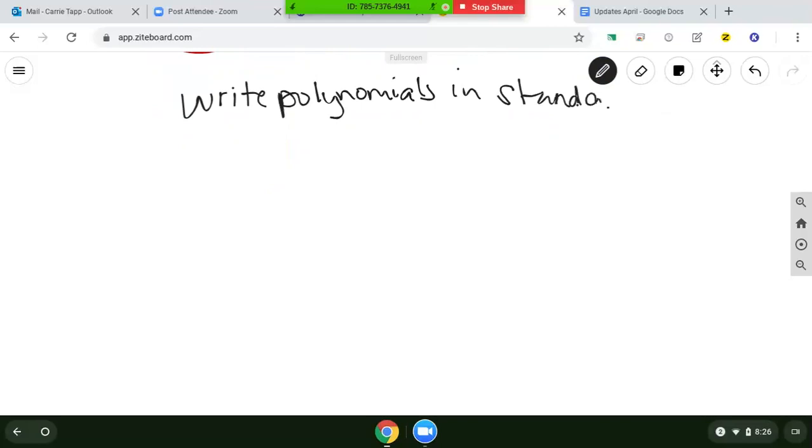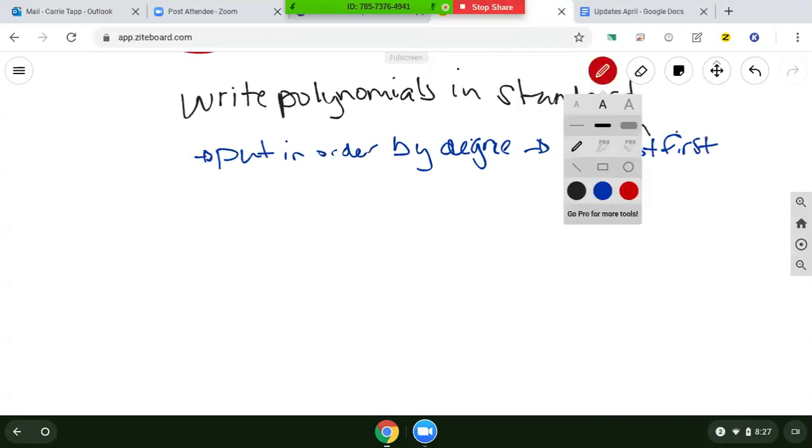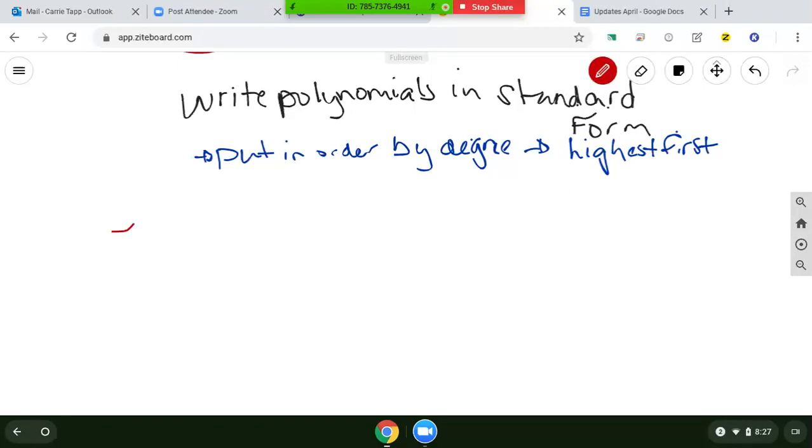What this means is that you are going to put them in order by degree. And when we do this, we go the highest first. So let's look at an example.